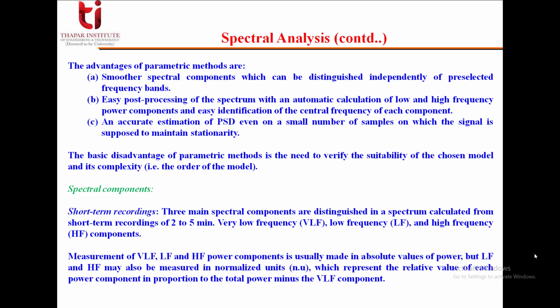Measurement of VLF, LF and HF power components is usually made in absolute values of power, but the low frequency and high frequency components may also be measured in normalized units, which represent the relative value of each power component in proportion to the total power minus the VLF component.